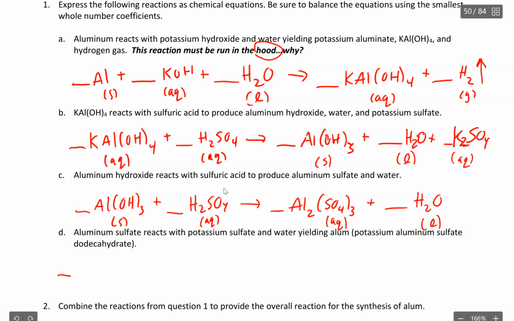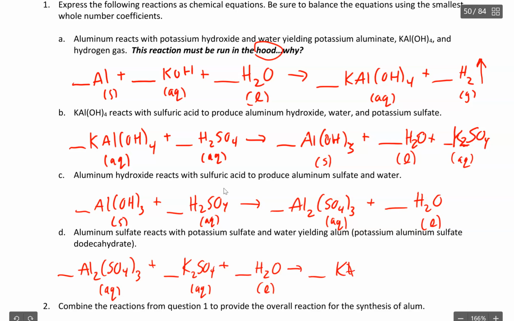We're going to take our aluminum sulfate, Al2SO43. That's aqueous. It's going to react with the potassium sulfate, K2SO4, also aqueous, and water, liquid, to produce alum. So that is KAl. Oh, geez, that looks terrible.